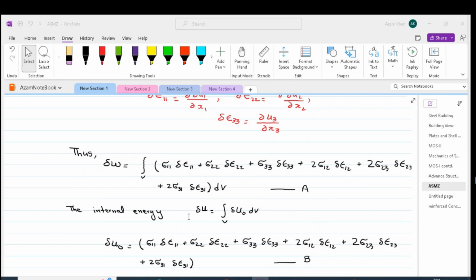Similarly, we can express our internal energy U for the volume in terms of internal energy per unit volume.